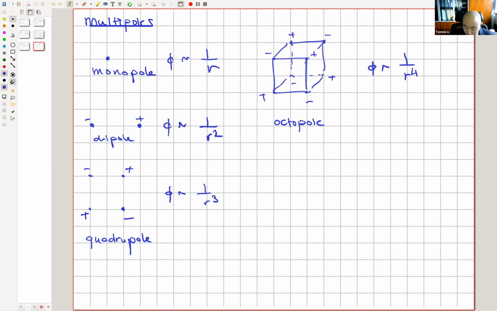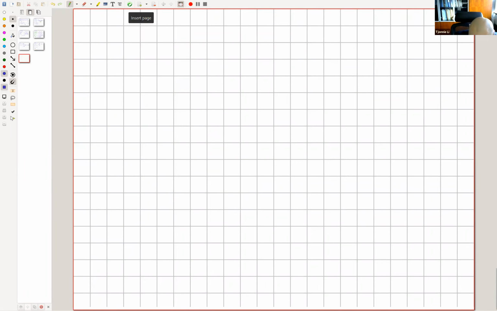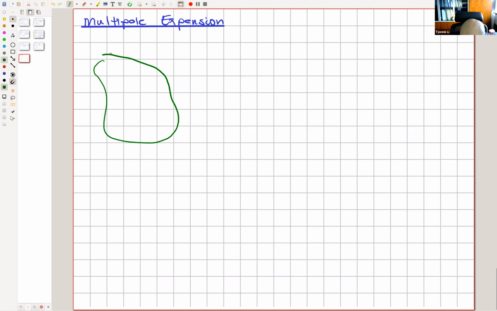Let me try to at least formalize this series in the following way. So let's reanalyze this and do it properly now, the proper multipole expansion. Before we only looked at a dipole, and now let's look at the full multipole expansion. Again, we start off with a particular distribution, let's put this as the origin, and let's consider a little bit of charge over here.